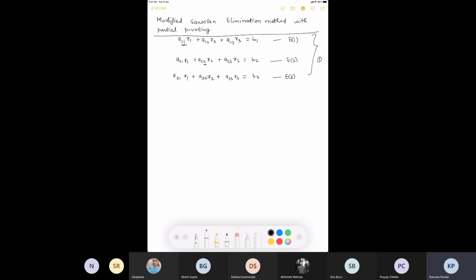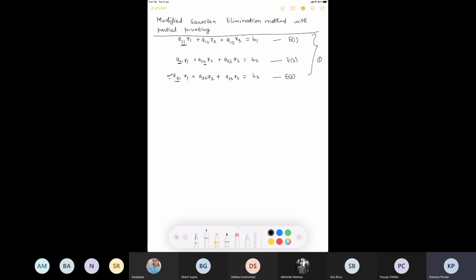But how can we avoid this? Imagine that you have the coefficients of x1 sitting in all the 3 equations, right? If we take the maximum of all these 3 coefficients, suppose this maximum is occurring at A31. That is, in magnitude, A31 is larger than A21 and A11, right? So what I will do is exchange the third row and the first row.